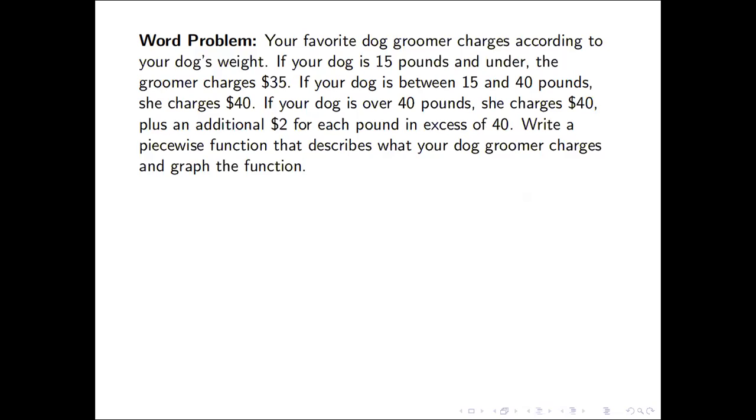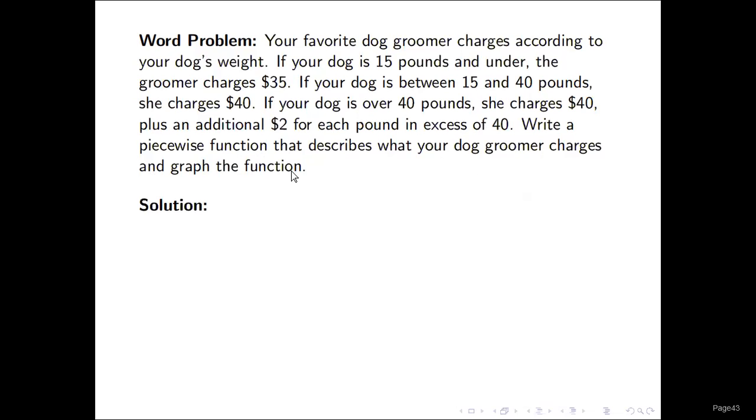Greater than 15, less than or equal to 40 pounds, price is 40. More than that, additional $2 for each pound in excess. Write a piecewise function that describes what your dog groomer charges and also graph the function.